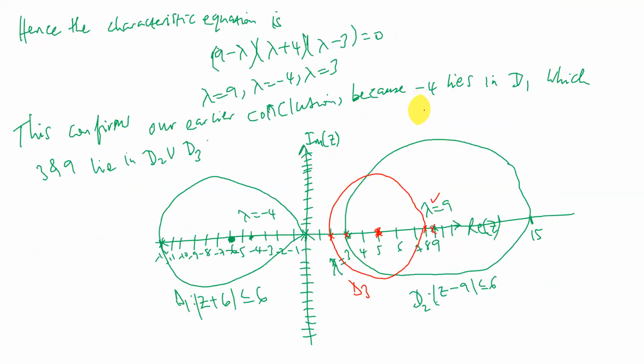So you have k disks versus n minus k disks. In our context, it's one disk that does not touch the other 3 minus 1, which is 2 disks.